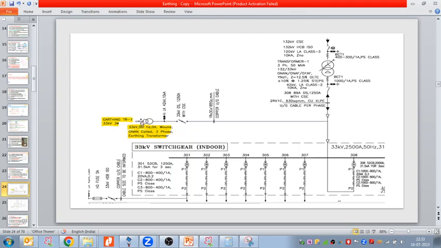Here we can put the CT, and if any ground fault occurred, the ground fault current will flow back to the source with the help of this neutral connection of the star delta, right? By this, here we can sense that current.